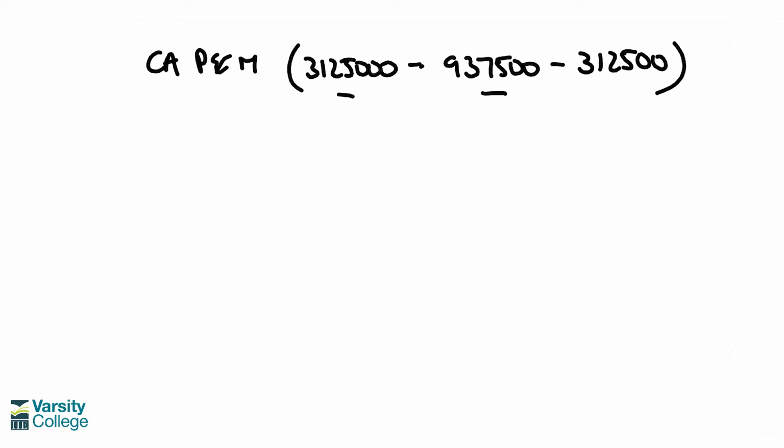So cost, opening accumulated depreciation, current depreciation, subtract both of the depreciations. Whoops, I made a mistake. Let me just quickly fix it. What was the figure? 312,500, and close the bracket, and that equals your carrying value, which came to 1,875,000.